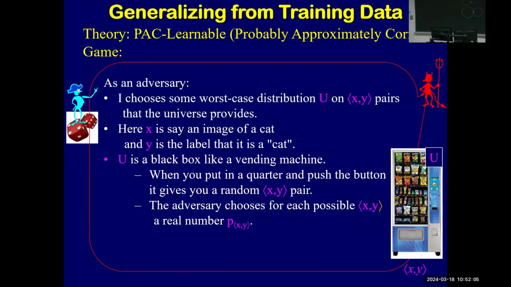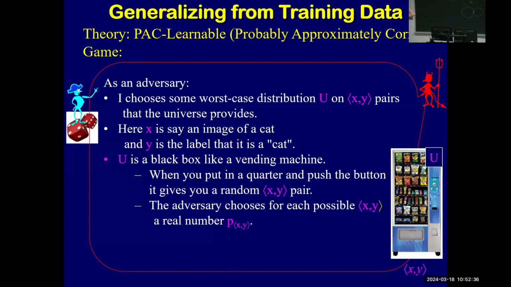People know about randomness enough to understand what I'm saying here, right? Like, if I have a dice, I'm going to label every side with 1 over 6. Because when you roll the die, when you push the button, each side comes up with probability 1 over 6, right?